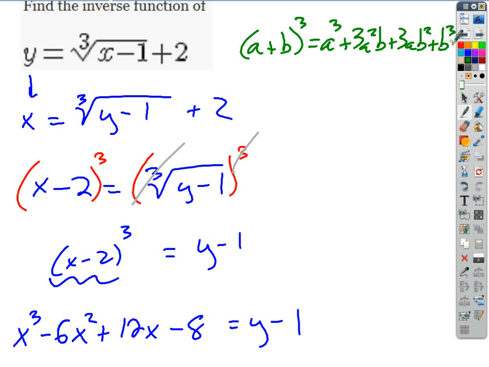It was in 6.3, an expansion pattern. In this case, my a would be x, and my b would be negative 2. And so if I just substitute those things in there, that's what I'm going to get. You don't have to do it that way, but it is quicker. The alternative is just to FOIL it all out. So there's a little shortcut.